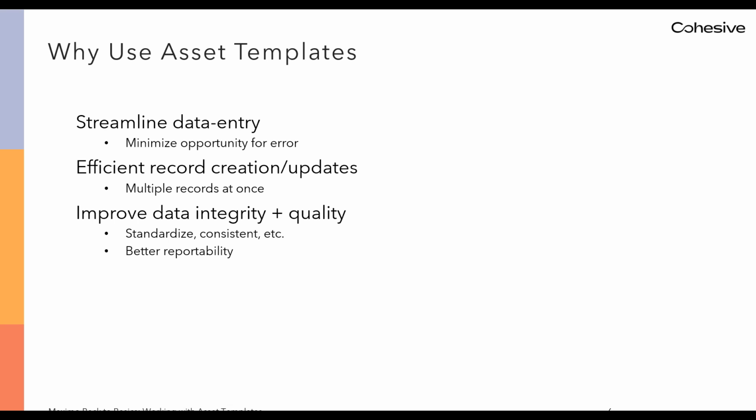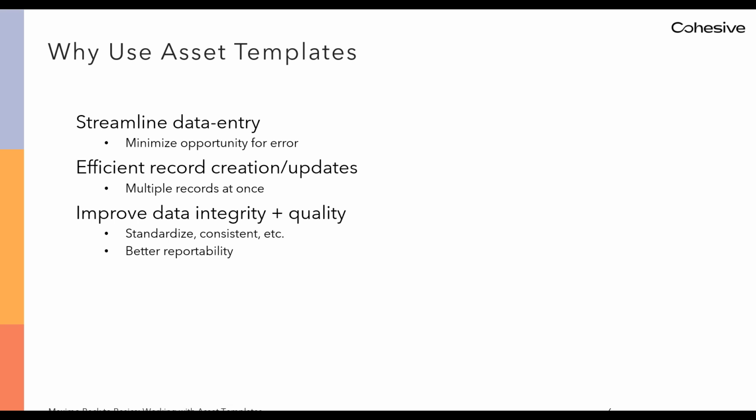And regardless of the approach that you're taking, it gives you the flexibility to create or update multiple records at a single time. By using the asset template application, it just gives you an opportunity to streamline your data entry, which is going to help reduce the potential for errors. So nice, clean data happening in kind of a big bang approach.